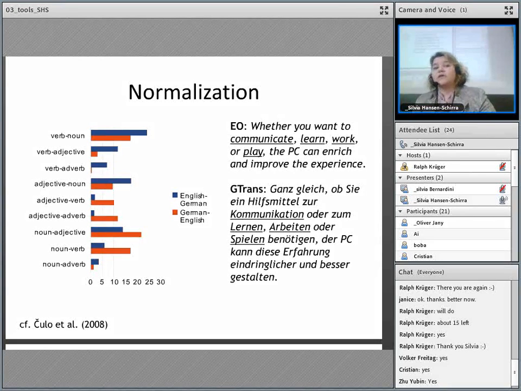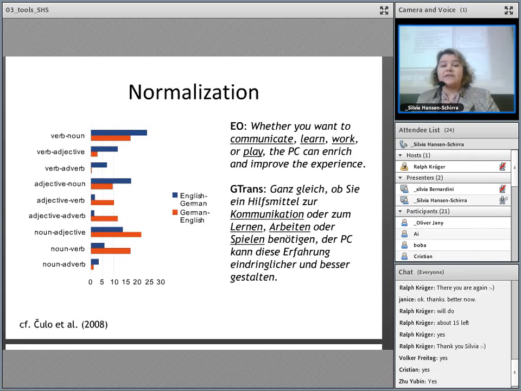We looked for these shifts we can query in our corpus. So we found a lot of verb-noun shifts in our corpus, more in the English-German translation direction, the blue bar, than in the German-English translation direction, which is normalization for English-German, because German is more nominal than English is.